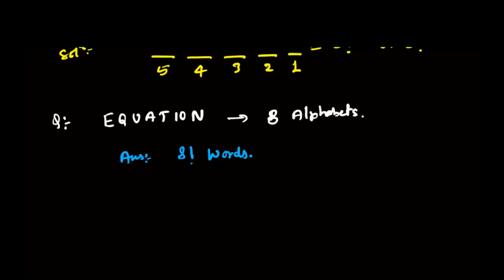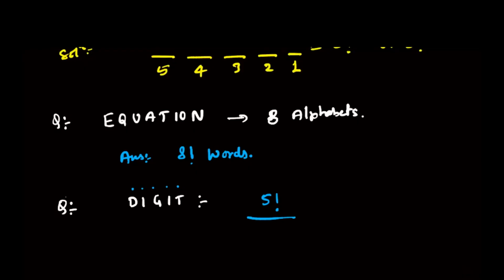All right. Now, let's talk about the next case where some repetition is there. Let's suppose the word digit. In this word digit, how many different words can we make? So here the answer would be first 5 factorial, because 5 alphabets are there.